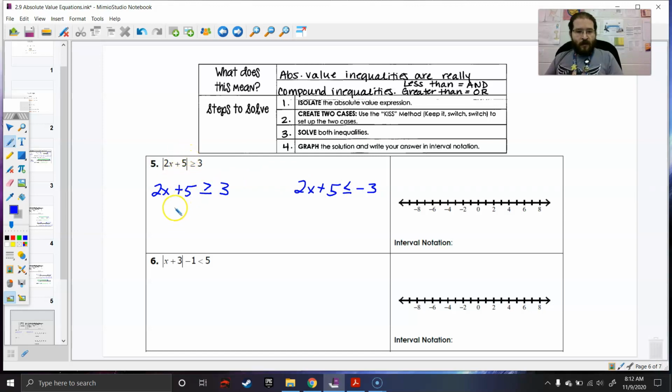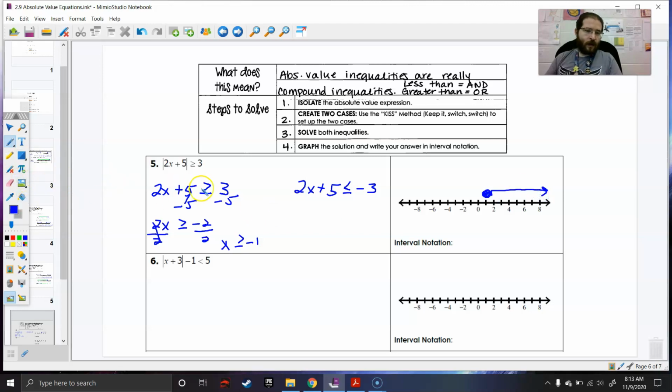So what we do, subtract 5 minus 5, 2x greater than or equal to what? Negative 2. And then we divide. So x is going to be greater than or equal to negative 1. So we find negative 1. We know that that's filled in.